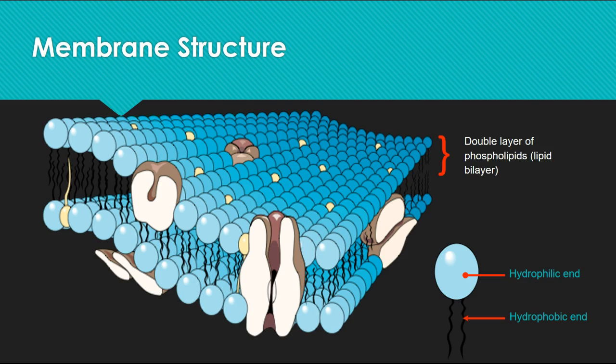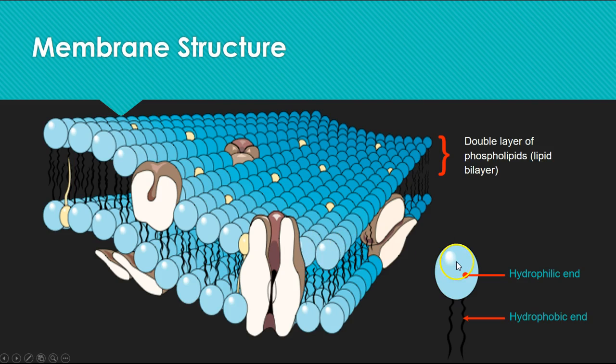Now, the membrane structure consists of what we call a bilayer. Bilayer means two because we have two layers that make up this cell membrane structure. This little structure here is called a phospholipid, and there are two layers of phospholipids, which is why it's called a bilayer.